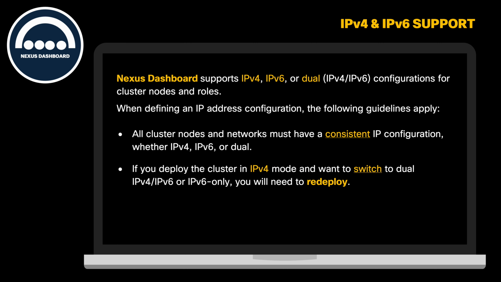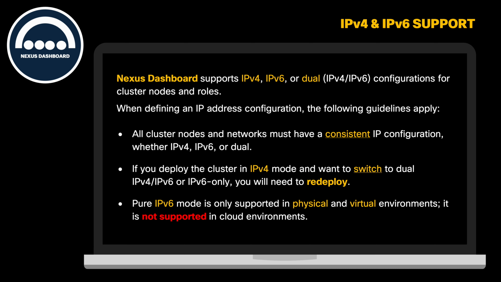If you deploy the cluster in IPv4 mode and want to switch to dual IPv4 and IPv6 or IPv6 only, you will need to redeploy. Pure IPv6 mode is only supported in physical and virtual environments. It is not supported in cloud environments.